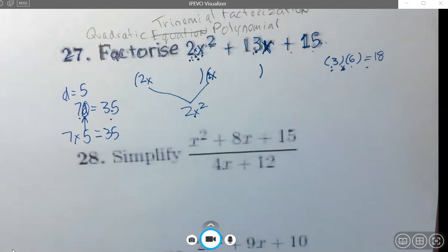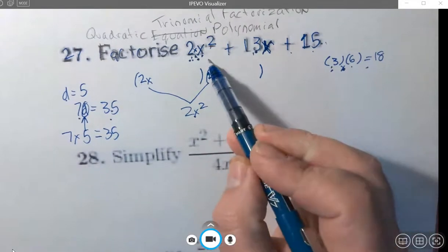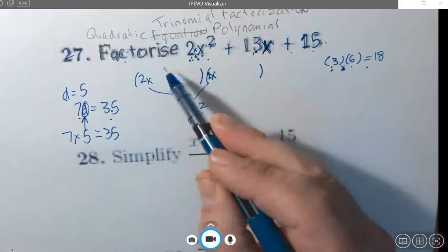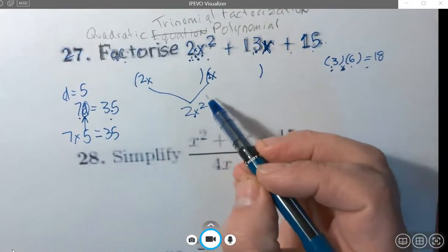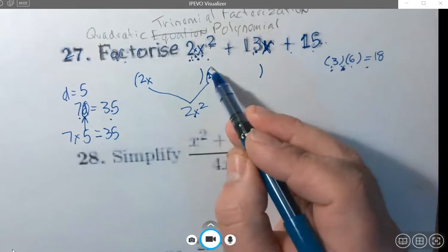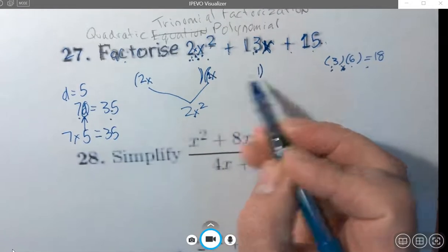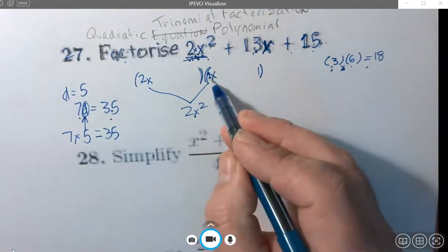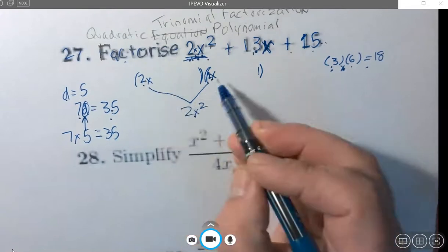So let's take a look at this now. We know we have to create a multiplication problem out of this because two numbers multiplied times each other would be a factoring. So to factorize this, we need to create a situation where things can be multiplied. So we do that by creating two sets of parentheses. And the first part of the expression, 2x squared, we can find simply by multiplying 2x times x.